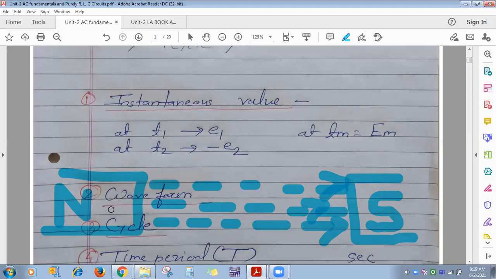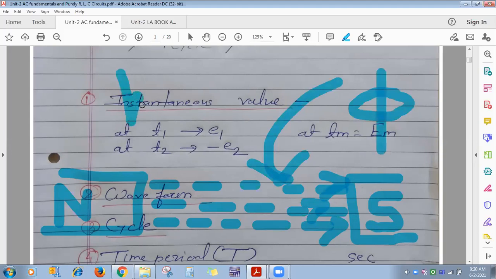Consider the two poles, north and south. In between, a magnetic field will be there. This total number of magnetic lines of force we call the magnetic flux, which is denoted by phi. The unit is Weber.